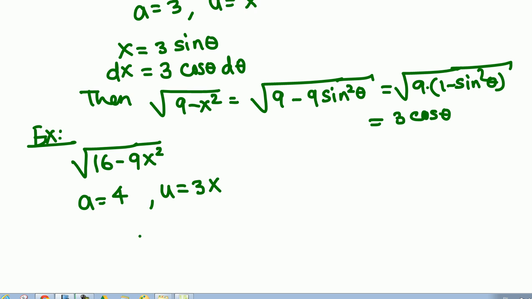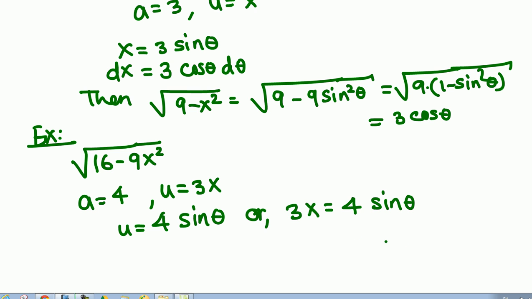We want to make the substitution u equals a sine theta, that means 3x equals 4 sine theta. We need the differential later, so take the derivative of both sides with respect to theta, and we get 3 dx equals 4 cosine theta d theta.